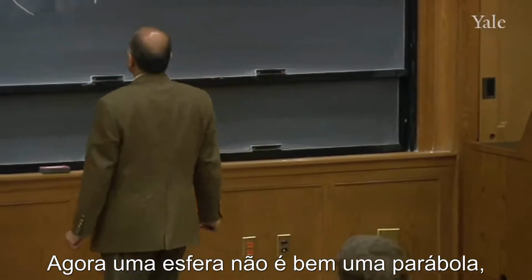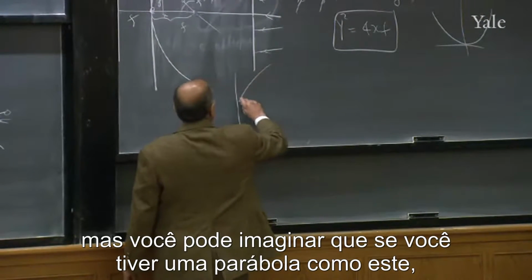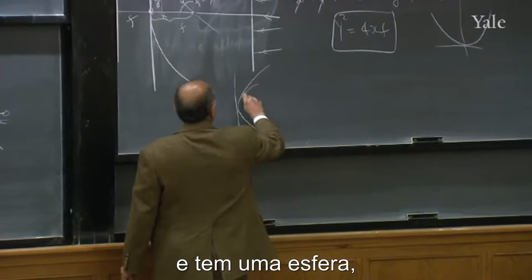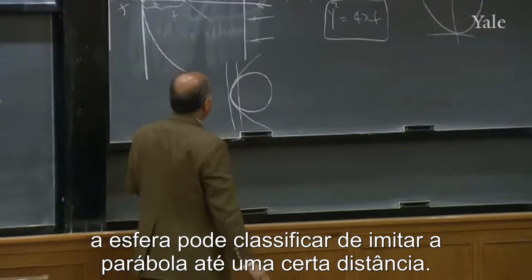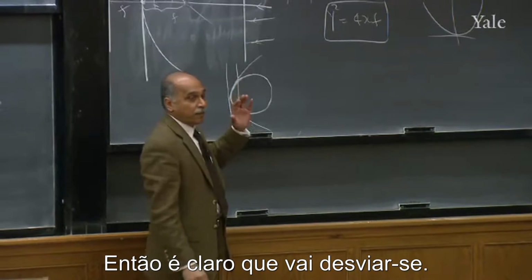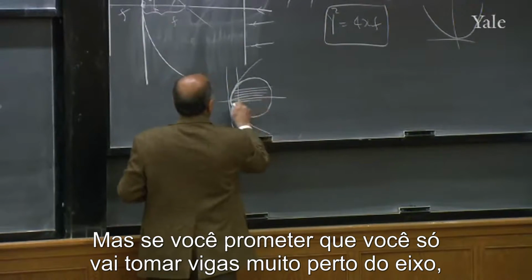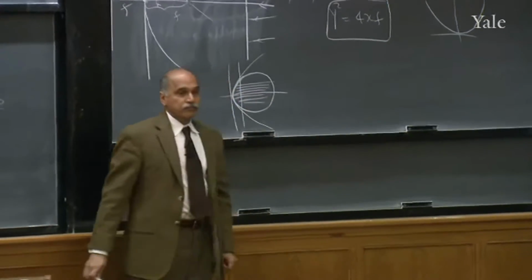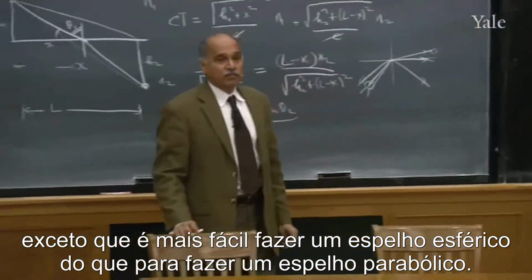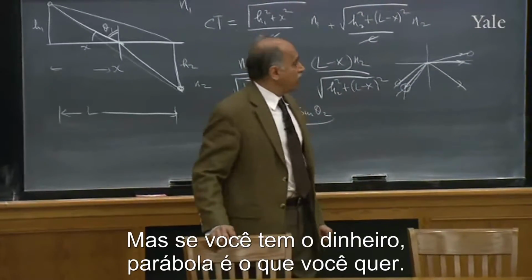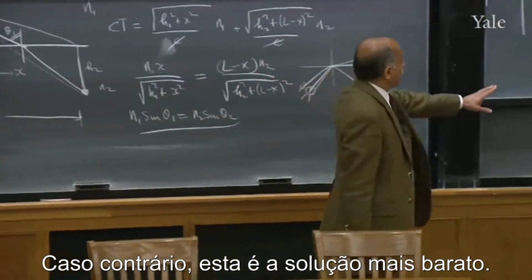Now, a sphere is not quite a parabola, but you can imagine that if you have a parabola like this, and I have a sphere, the sphere can sort of mimic the parabola up to some distance, then of course it will deviate. But if you promise that you'll only take beams very near the axis, then the two are just as good. Except it's easier to make a spherical mirror than to make a parabolic mirror. But if you got the money, parabola is what you want. Otherwise, this is the cheaper solution.